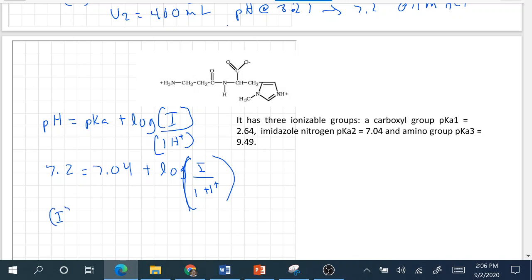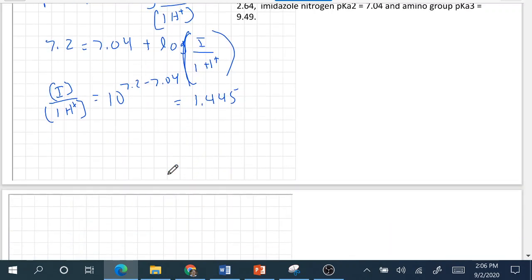So we can solve for this ratio. I over IH plus is equal to 10 to the 7.2 minus 7.04, which is equal to 1.445. So now we know that I over IH plus is equal to 1.445.